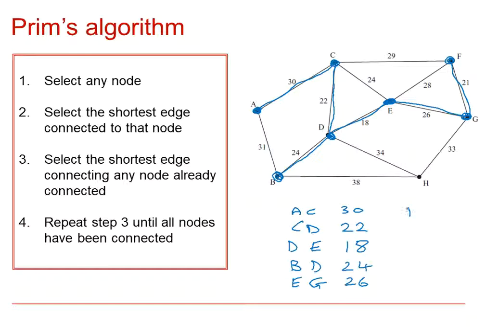So that's FG at 21, and the next shortest connection is this 33. So I can connect H to G at 33.